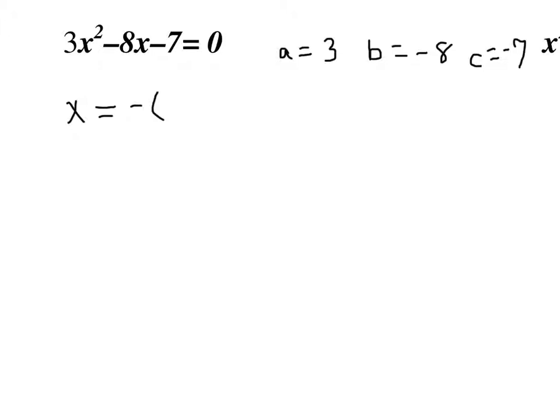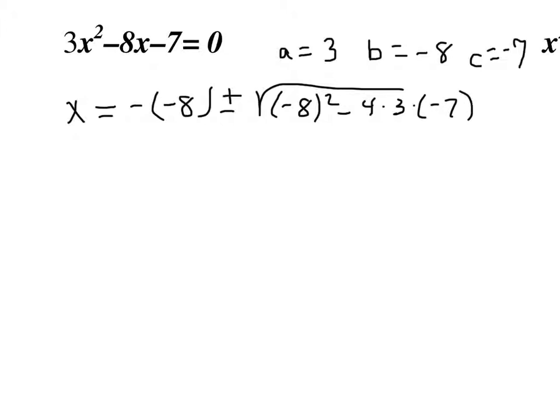So it's negative 8 plus or minus the square root of negative 8 squared. We need to put that negative 8 in parentheses because you're squaring the quantity negative 8, minus 4 times a times c, all over 2a.